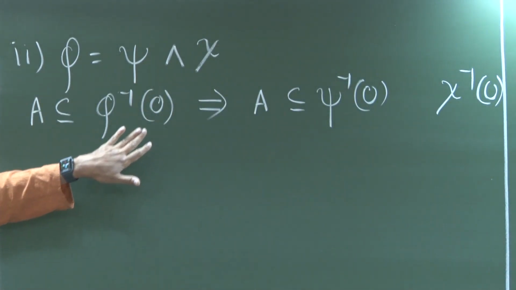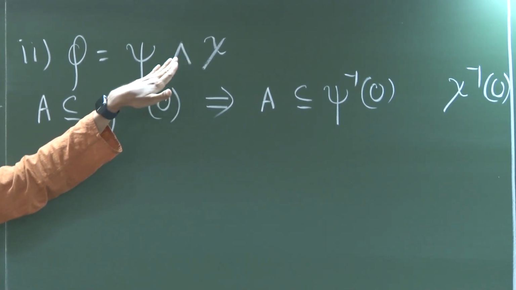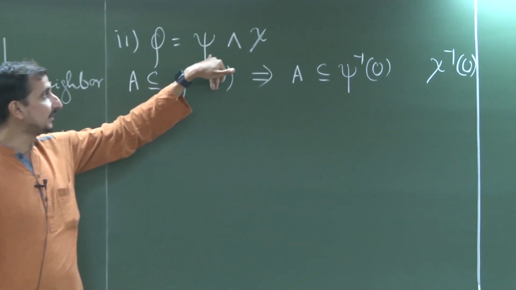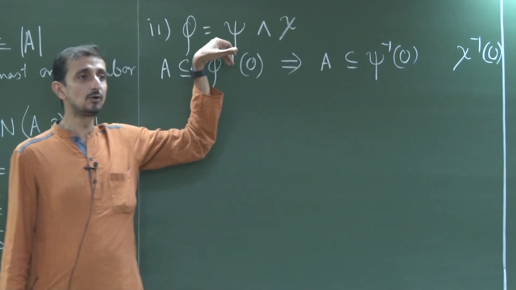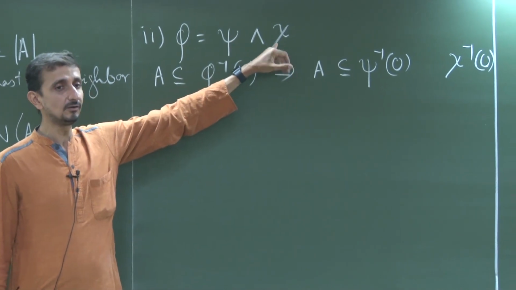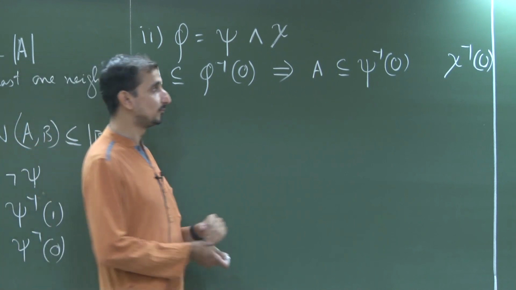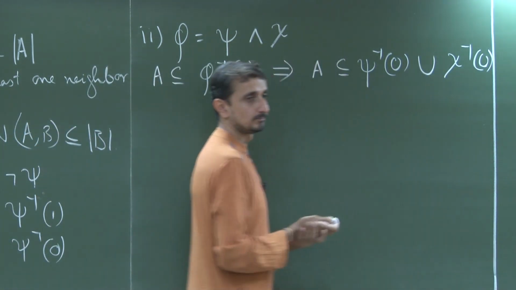Suppose I have an input. So, what does the AND mean? If I have a 0 over here or a 0 over here, it is a 0 over here, right. So, if one of these two goes to 0, then it will go to 0. So, it will be union, not intersection. Okay.